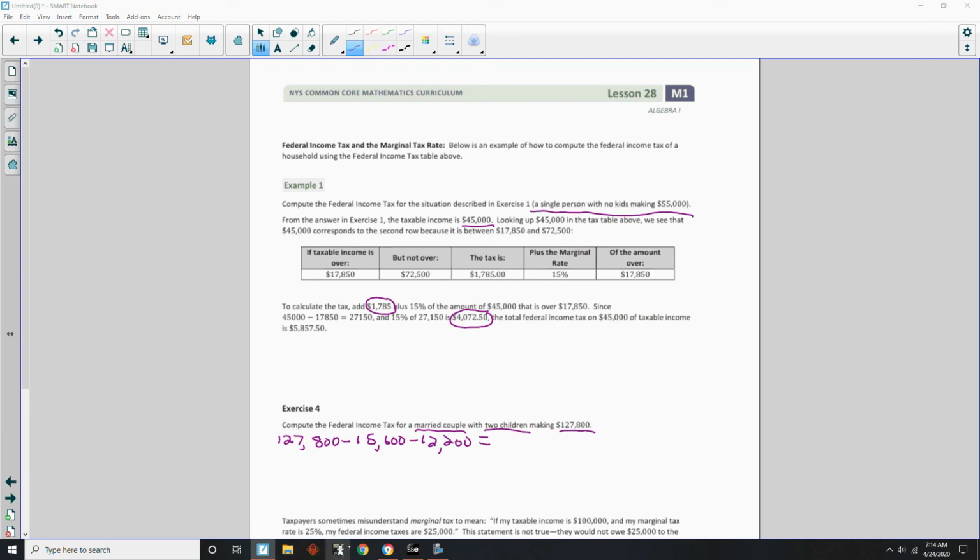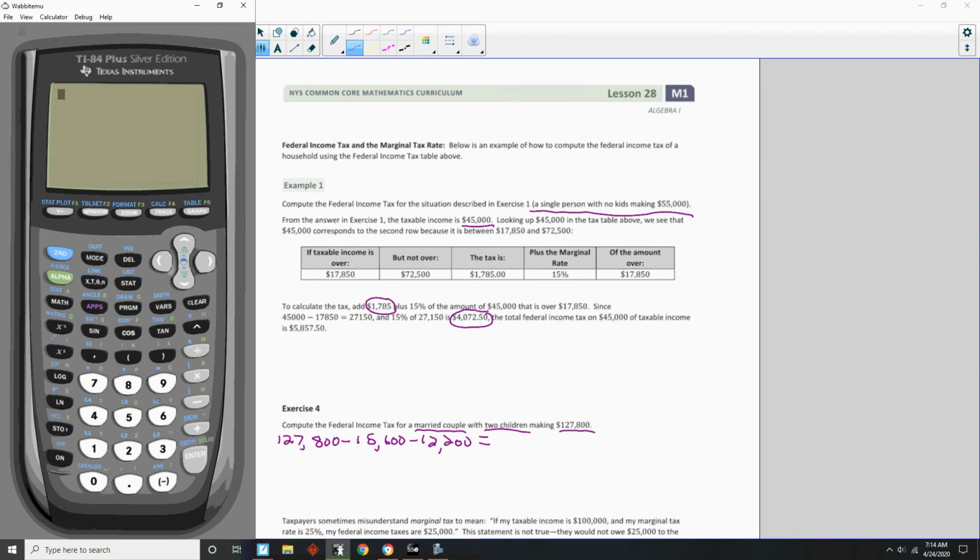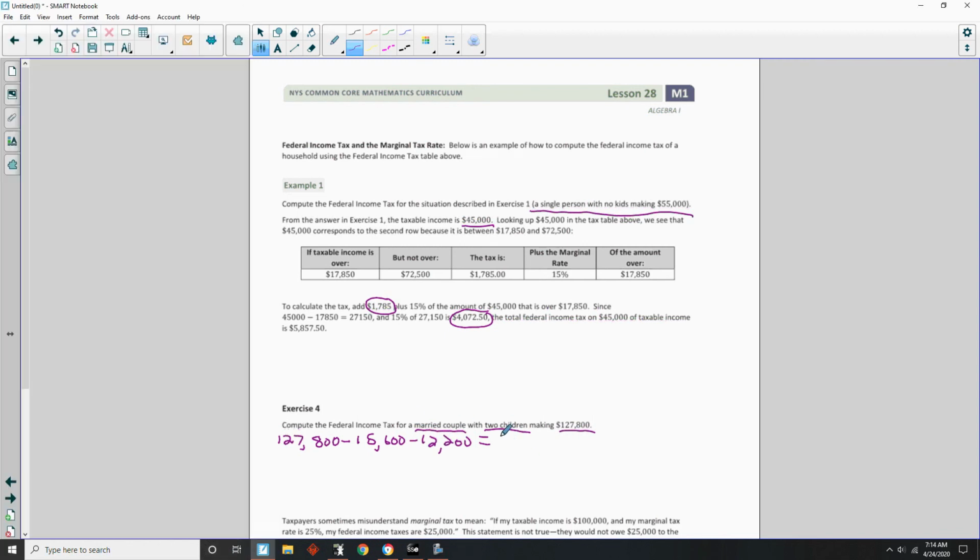Let's just use the calculator here to save some time. 127,800 minus 15,600 minus 12,200, and that is going to equal $100,000. So their taxable income is $100,000.